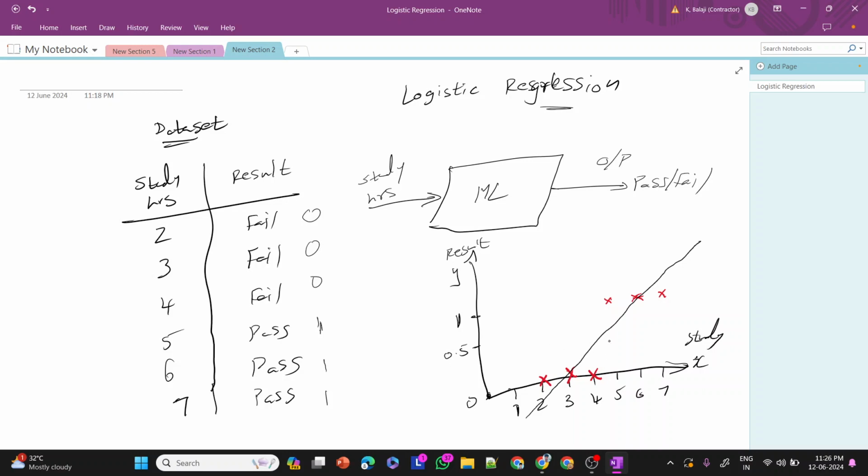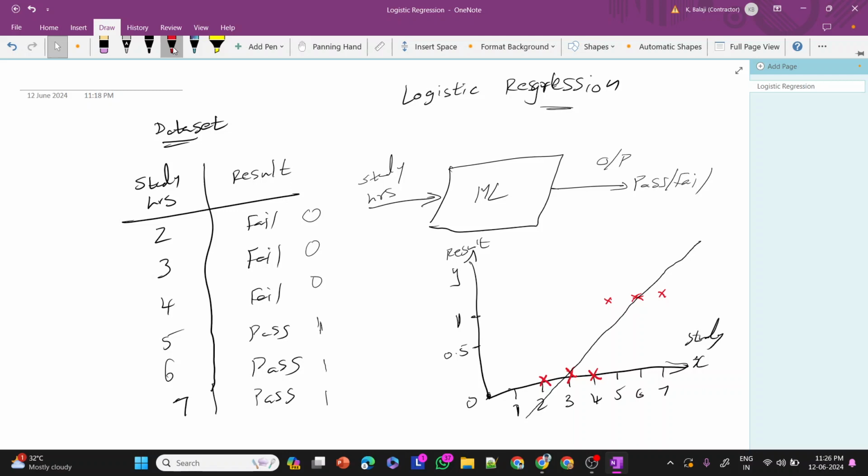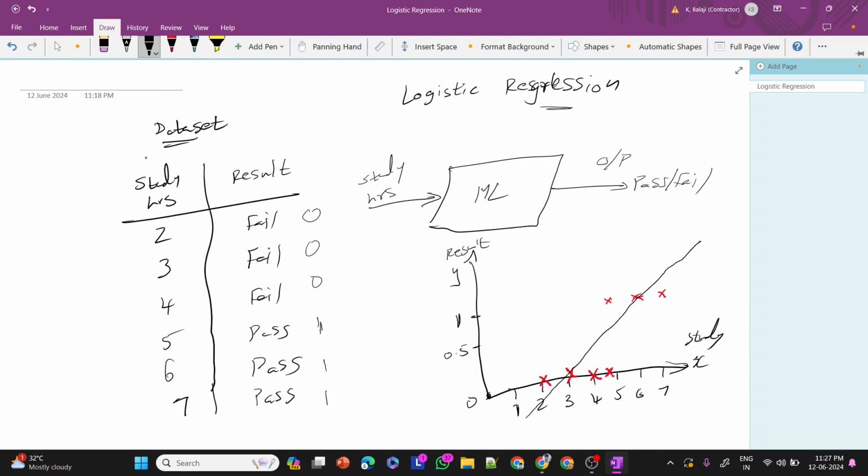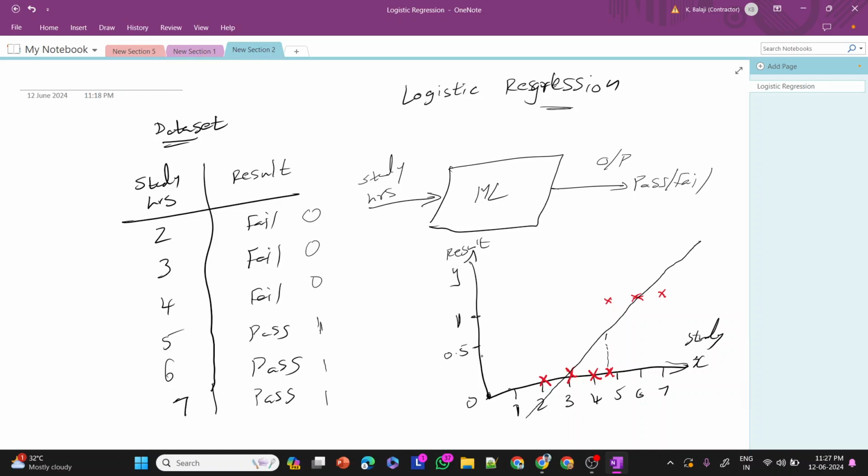If a person studies for less than 5 hours, for example here, whenever we try to plot, we will get an output of less than 0.5 in linear regression.